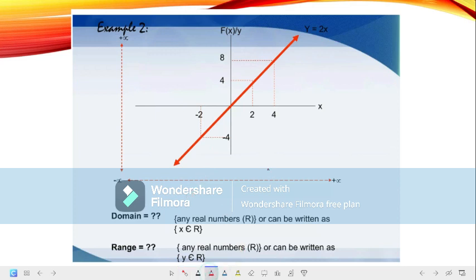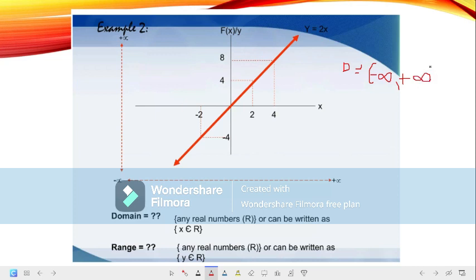Okay, so for the interval, our domain is equal to the parentheses, negative infinity to positive infinity.